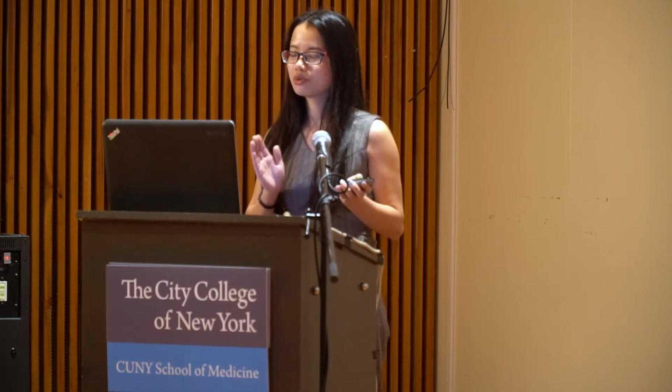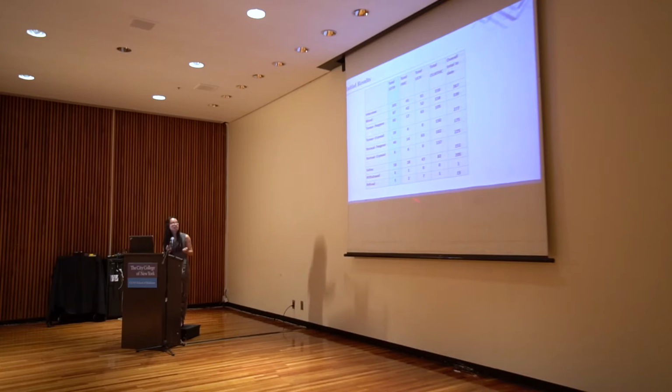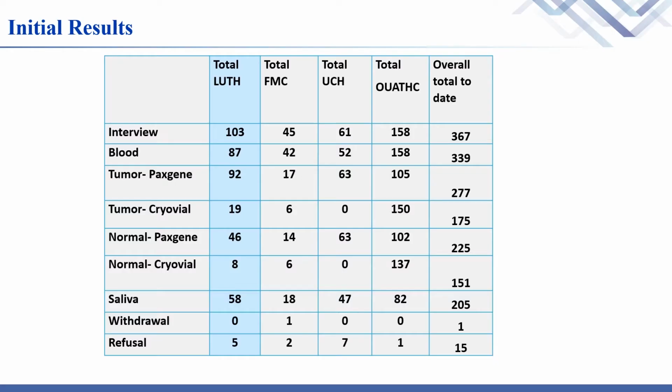Unfortunately, we are still waiting for the immunohistochemistry results, so I will just present some initial results of how many samples we got and how those reproductive risk factors are distributed in our patients. LUTH is the site I participated in.